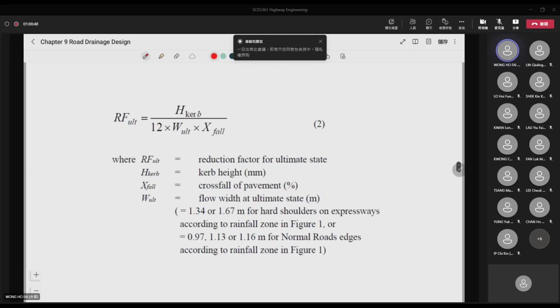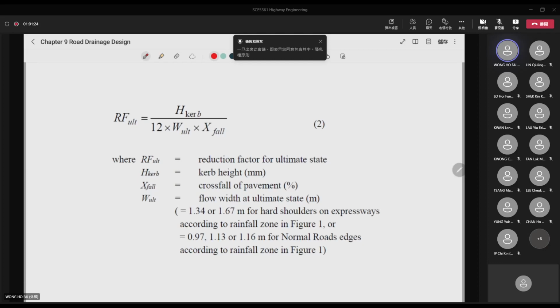Here, you can see that if the curb height is not enough, then you need to apply the so-called reduction factor to your gully spacing. Then you will have H_kerb, which is the curb height, KERB is the curb, divided by 12, and then W_ultimate is the ultimate flow width, divided by the 4 of the road.